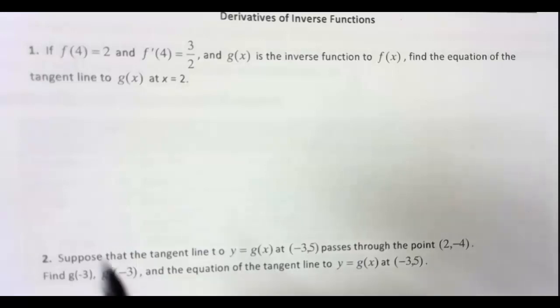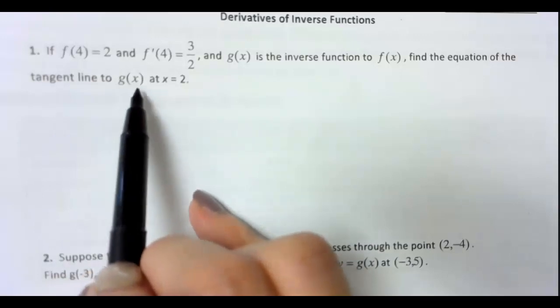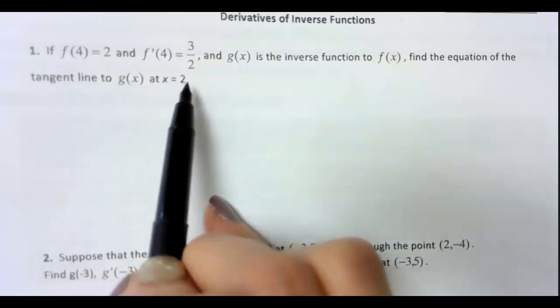So, what I did in order to find the slope of the tangent line personally was look at this and say, okay, what point am I finding the equation of the tangent line at? So it says find the equation of the tangent line to g of x at x equals 2.